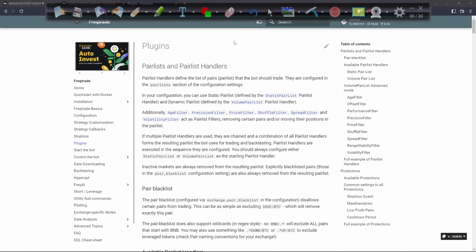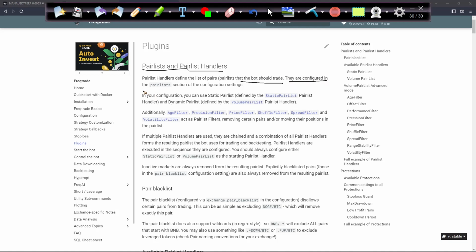Okay, so pair lists and pair list handlers. Pair list handlers define the list of pairs that the bot should trade. They are configured in the pair list section of the configuration settings. In your configuration you can use a static pair list defined by the static pair list handler, and a dynamic pair list defined by the volume pair list handler.